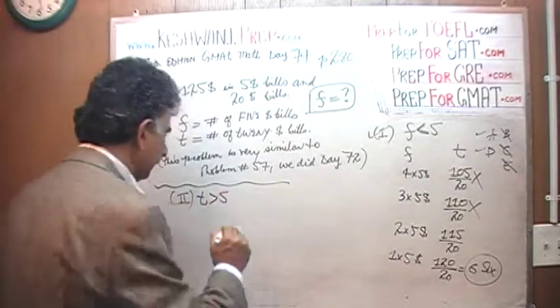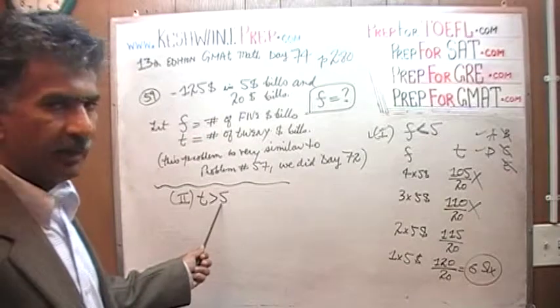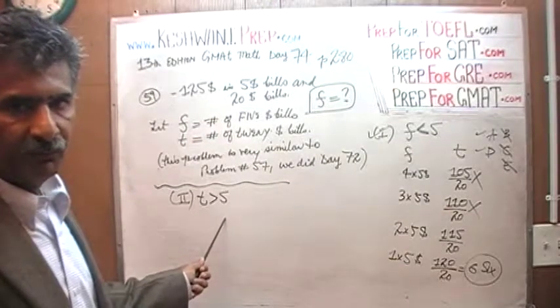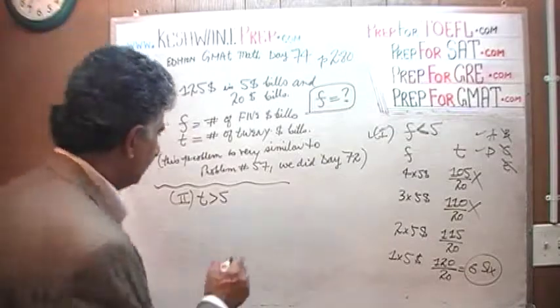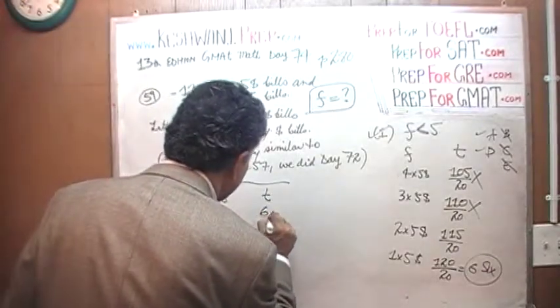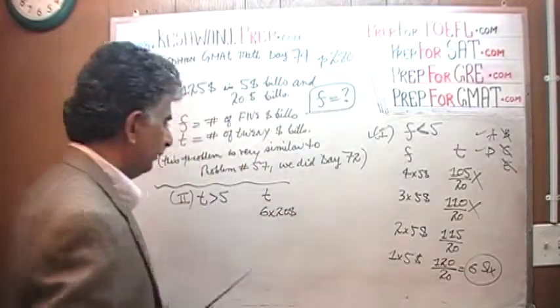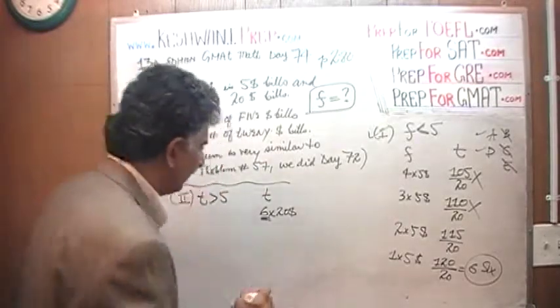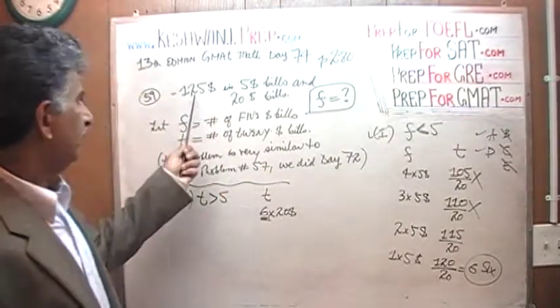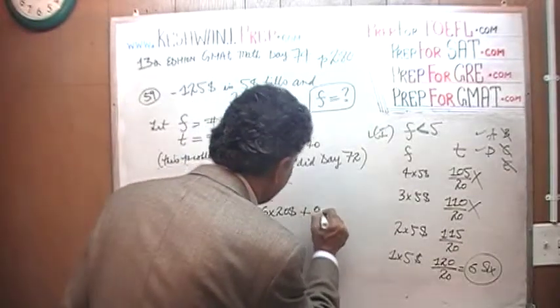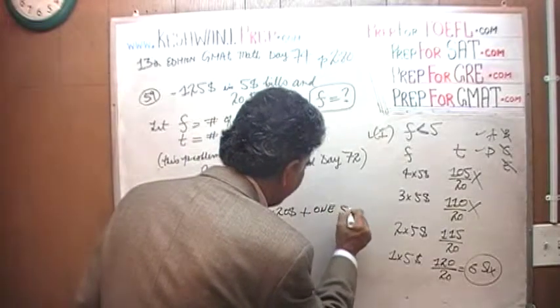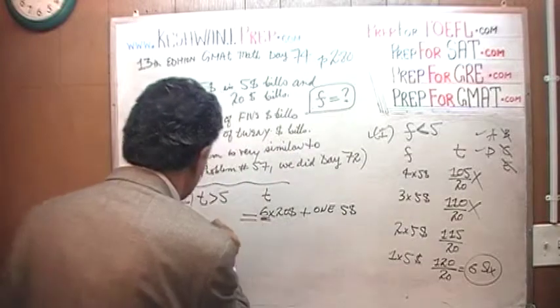Aha! It says we have more than 5 $20 bills. If we have more than 5 $20 bills, we must have 6 $20 bills because 6 times 20 is 120. We have only $125. 6 $20 bills plus 1 $5 bill makes a grand total of 125.